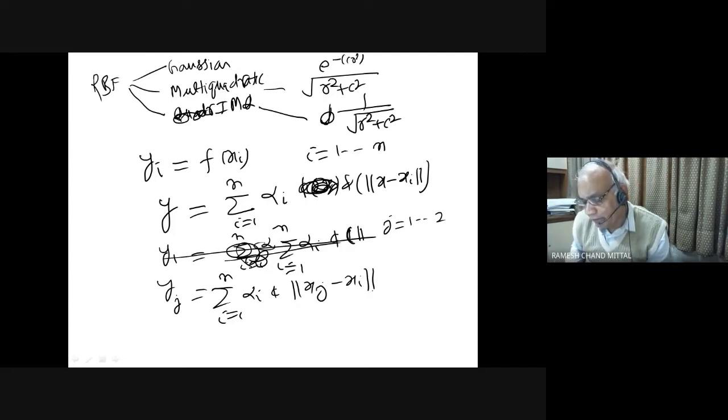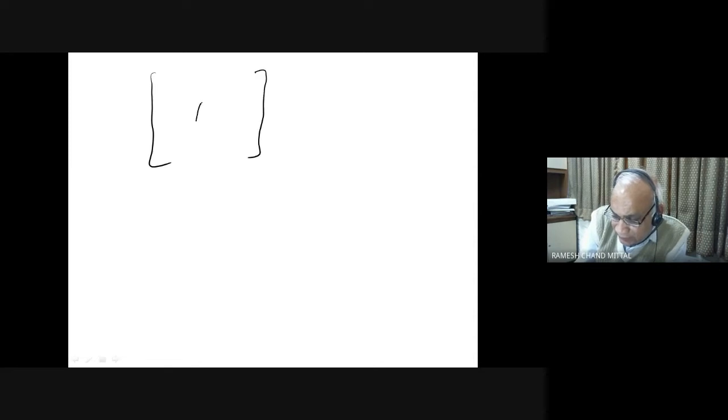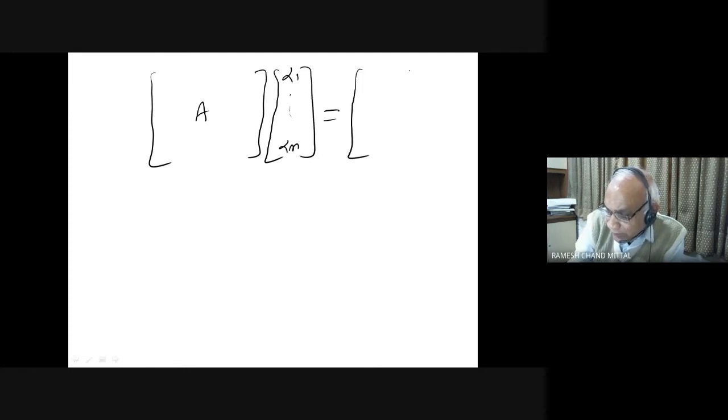And now if I write my matrix, please understand now. What I will have is a system where you have matrix A, and you have your alpha_1 to alpha_n, and you have your right hand side, which is y_1, y_2, y_n.